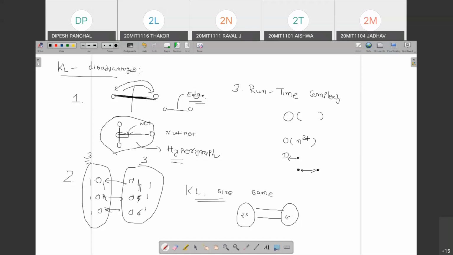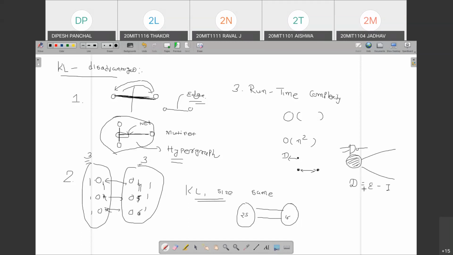I repeat, if I pick up a single node, this is my node or gate, whatever you can say, and I want to calculate the external and internal cost, the difference of which we call the development D. In that case, I require 1 unit of time to do this because it is a single node. Let's say 1 second is required to calculate this external cost minus internal cost.